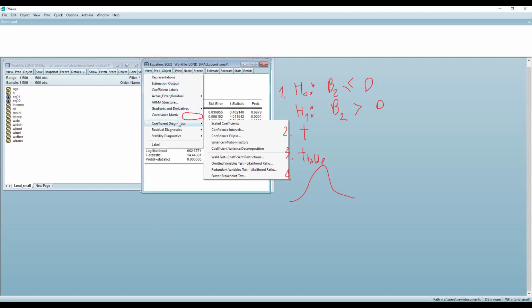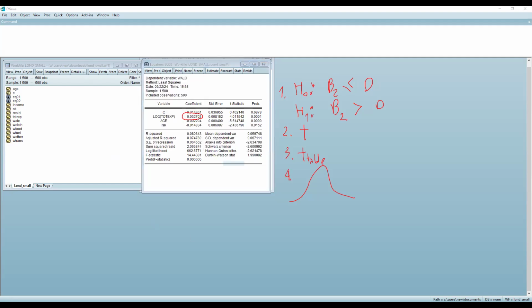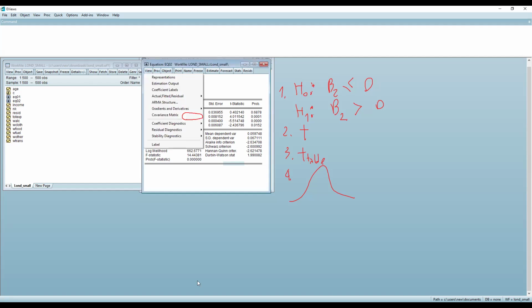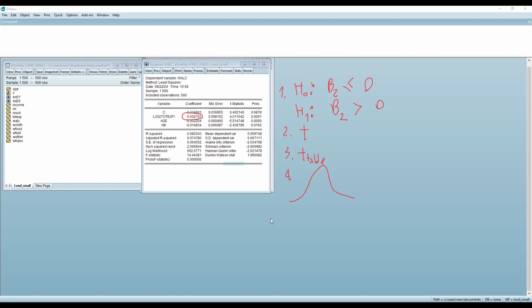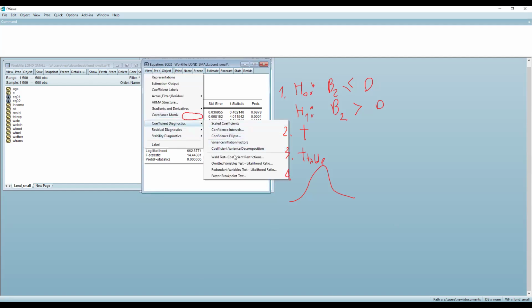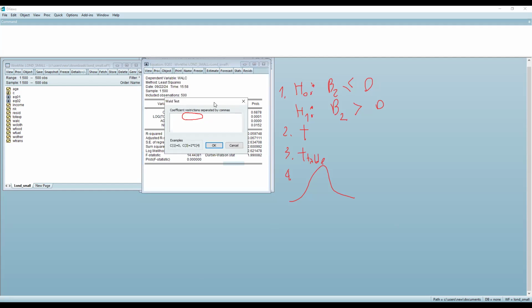View, Coefficient Diagnostics, Wald Test.